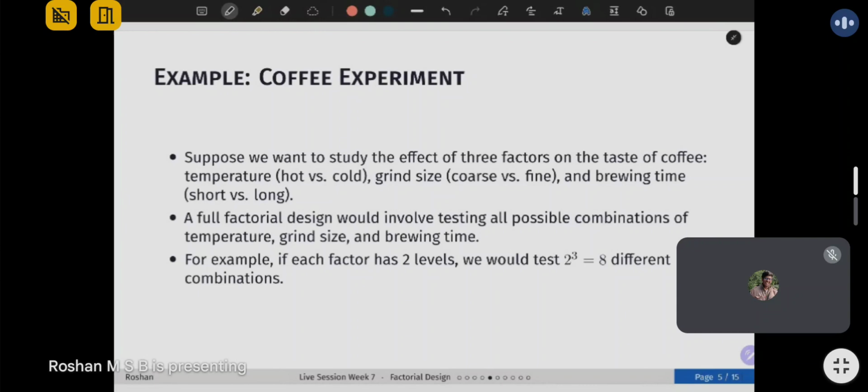Okay, then let me just try to change my setting. Is it fine now? Yes, it is. Okay.